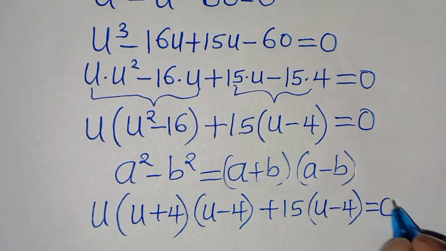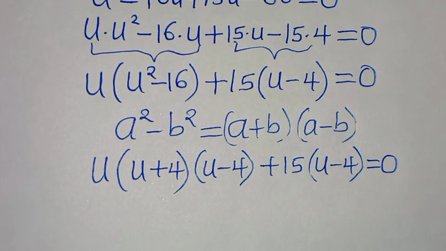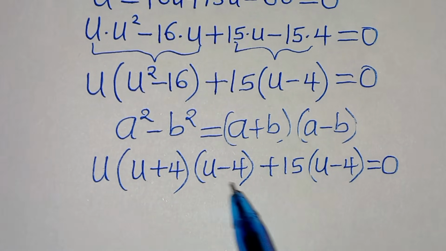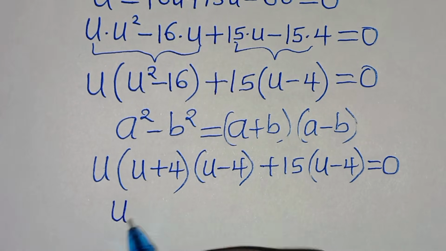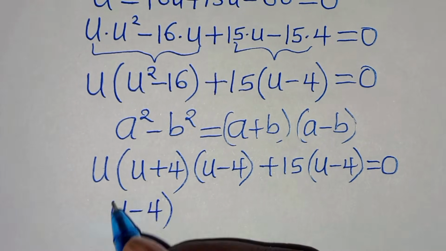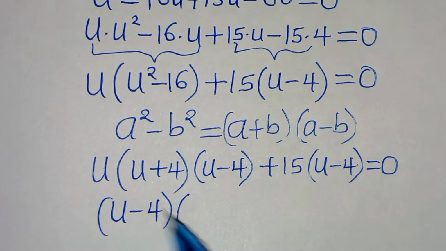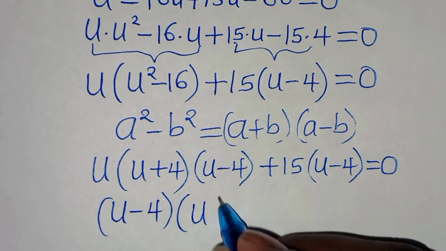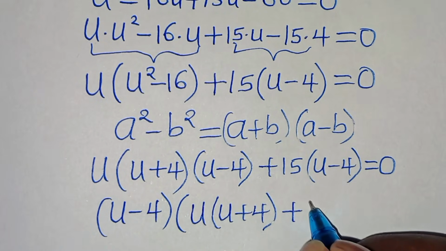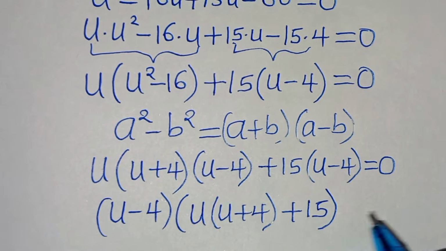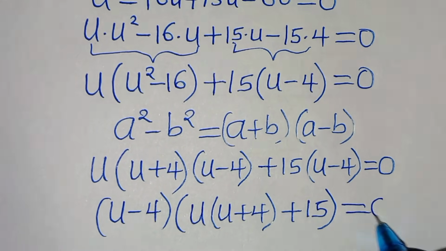This is equal to 0. Now if you check here, u minus 4 is common, so we can factor out u minus 4 into the parentheses. This is u multiplied by u plus 4, then plus 15, close the parentheses. This is equal to 0.